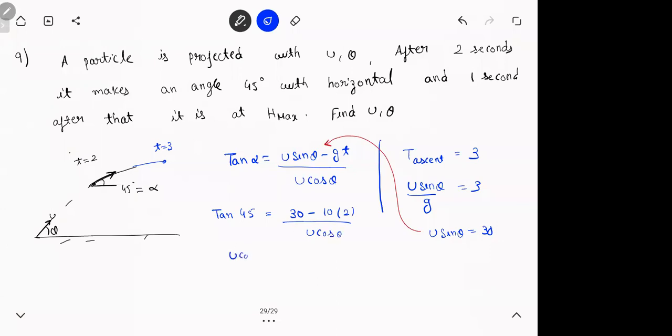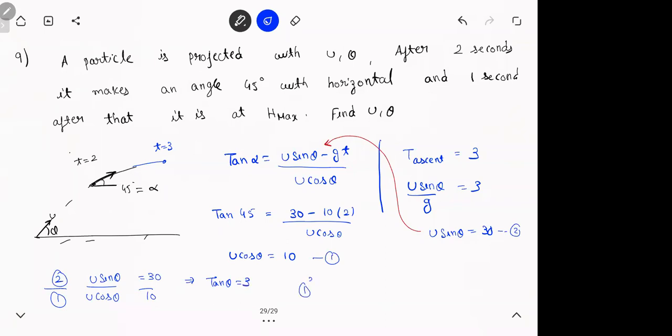Tan 45 is 1. So we get u cos theta is equal to 10. Now, this is your equation 1. This is your equation 2. If you do equation 2 by equation 1, you get u sin theta by u cos theta is 3. So we get tan theta is equal to 3.